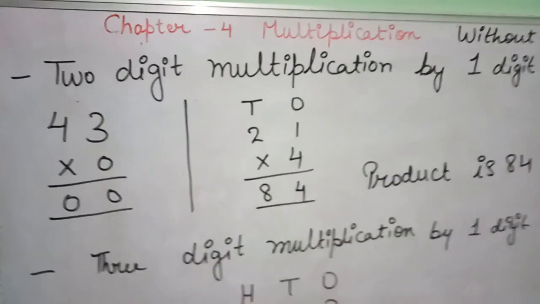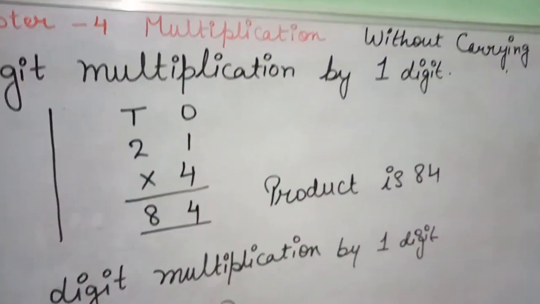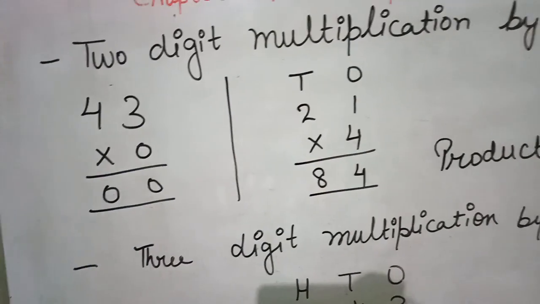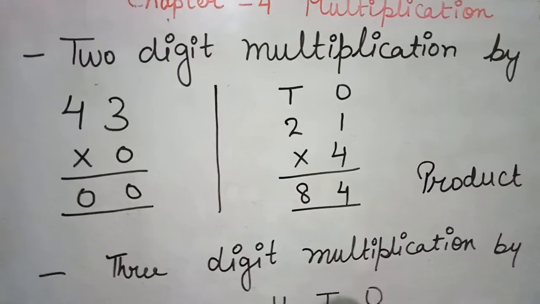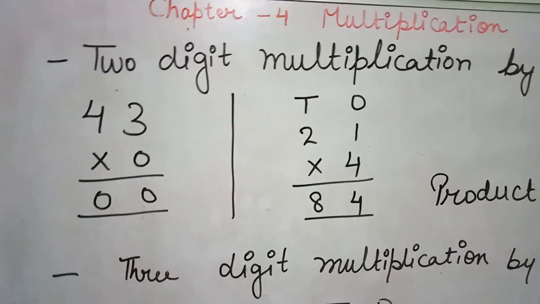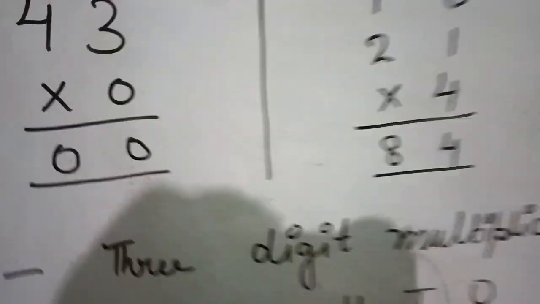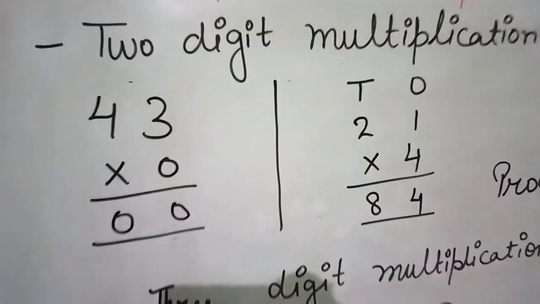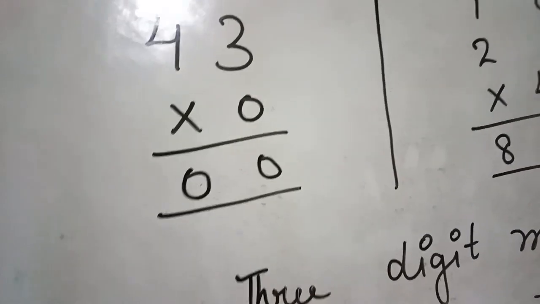Okay students, let's start with an example. Multiplication without carry. In the sum, we are not going to take a carry from another number, just like in subtraction and addition, we will do it without. Firstly, we will do the 2-digit number and then the 3-digit number without carrying. This is the example of 43 into 0.